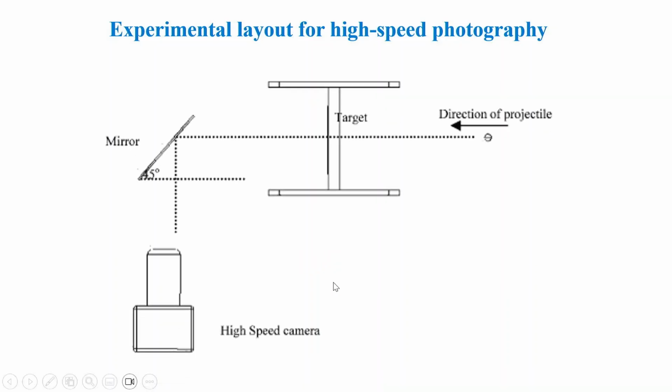For high speed photography, the instrumentation system is here. There is a mirror, this is the direction of the projectile, and this is the target. With the high speed camera we can measure the projectile path.